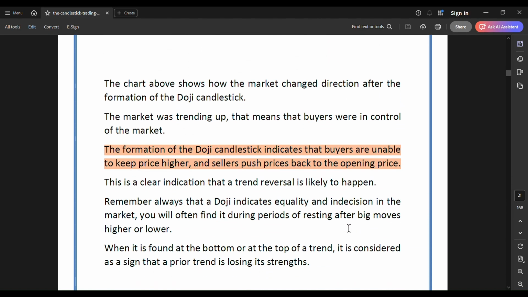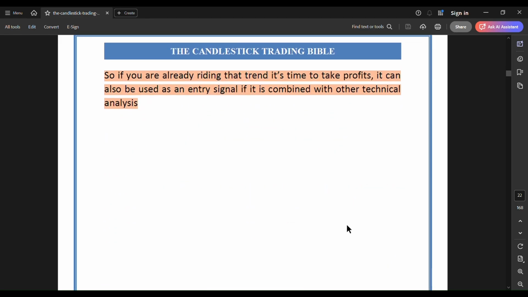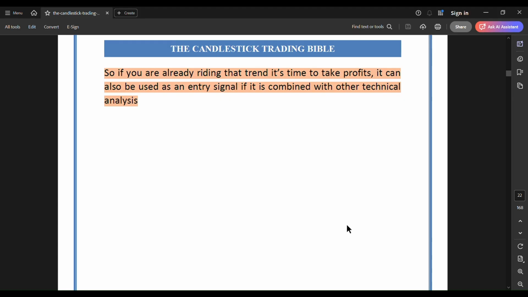So the formation of a doji candle indicates that buyers are unable to keep price higher and sellers push price back to the opening price. So if you are already in a buy position, then it might be time to take profits.